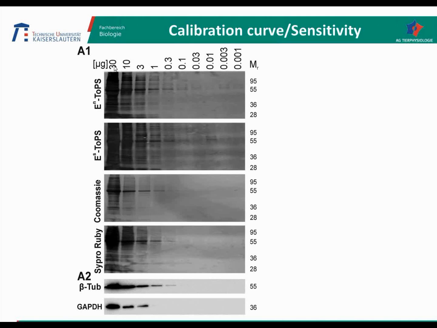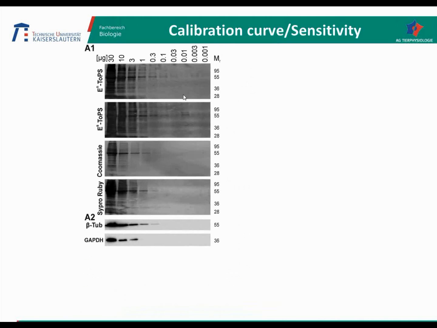And here you see, for example, we started with the biggest amount, 30 microgram, and went down to loading amounts where none of the staining variants were able to stain something, to label something. And you see that the E-TOPs, the epicoquinone-based stainings, stained down to 0.1 microgram of total protein, and none of the other tested staining variants was able to stain down to this level.